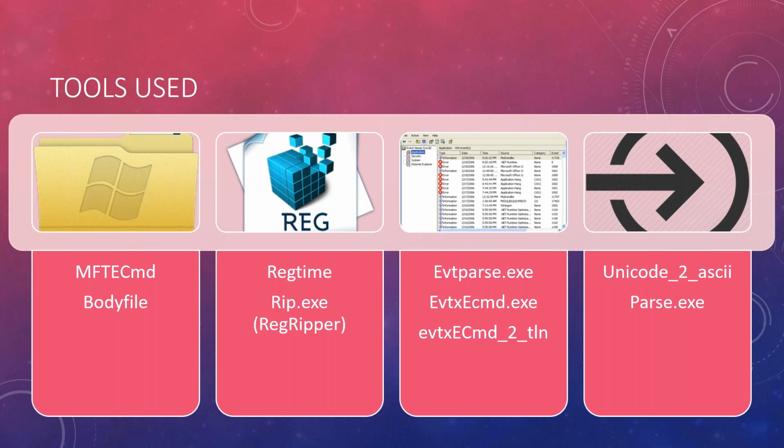The next tool I'll be using, two of them, to go through the event logs is evtparse, once again by Harlan Carvey, to go through the EVTX format for event logs, and then EvtxECmd by Eric Zimmerman. This one will parse out the EVTX files. Now, Eric Zimmerman's tool outputs into a CSV format.